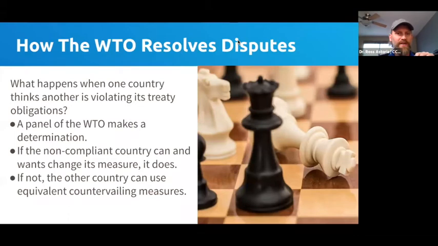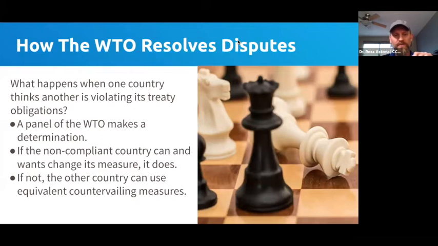One last thing about the WTO pertinent to our inquiry here is that there is a dispute resolution mechanism. What happens is when one country brings an arbitration, what we would think of as a lawsuit, against another, a panel of 3 individuals makes a determination as to whether or not there's been a violation of the GATT disciplines. If a country is found to be non-compliant, then it has 2 choices. One, it can bring itself into compliance.